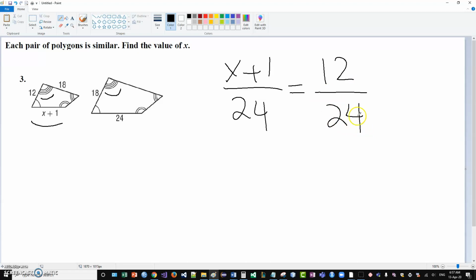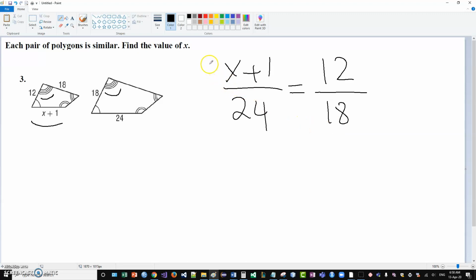Sorry, this is supposed to be 12 over 18. You have to be careful and not write 18 over 12.